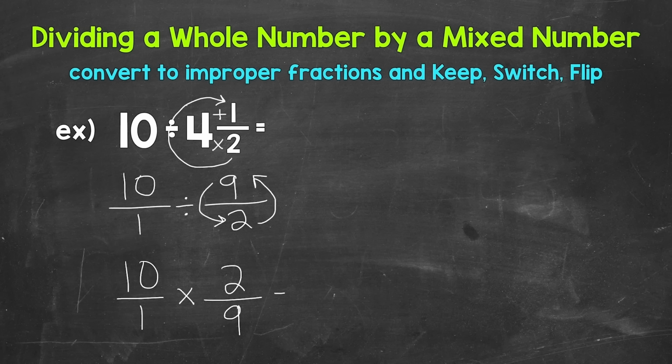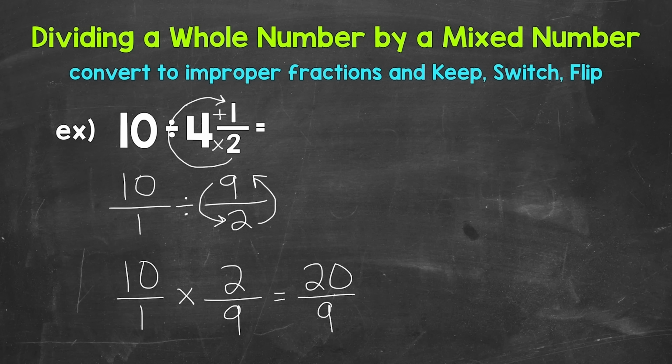Now we can multiply straight across. Let's start with the numerators. 10 times 2 is 20. Now for the denominators. 1 times 9 is 9. So we end up with 20/9, which is our answer, but it's an improper fraction.